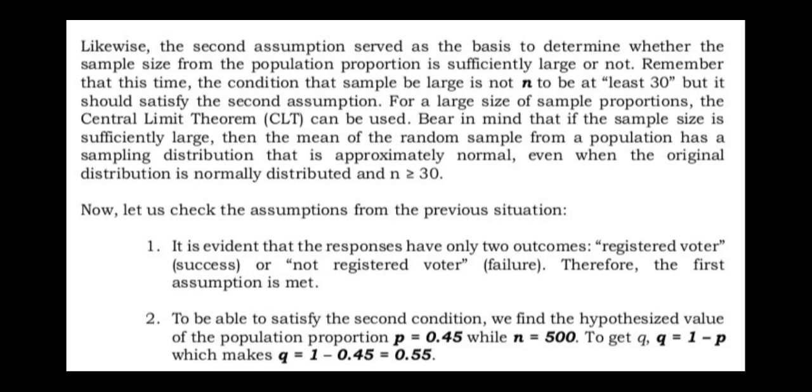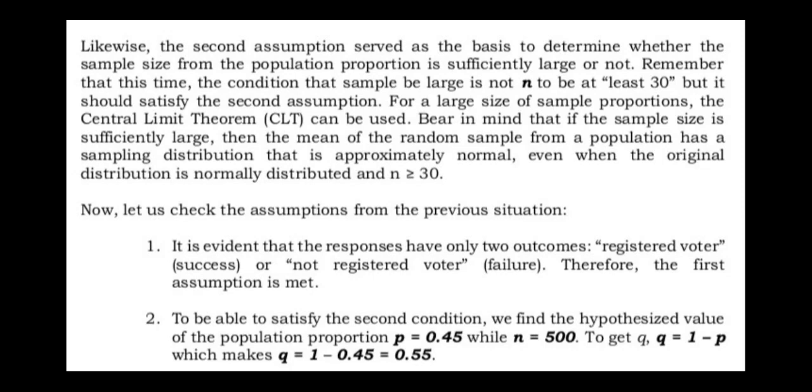For large sample size of proportions, the central limit theorem, or CLT, can be used. Bear in mind that if the sample size is sufficiently large, then the mean of a random sample from a population has a sampling distribution that is approximately normal, even when the original distribution is not normally distributed and n is greater than or equal to 30.